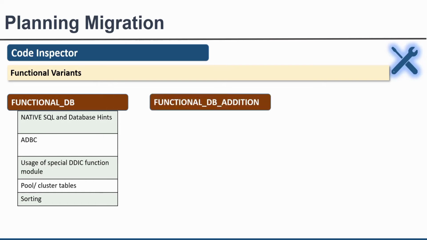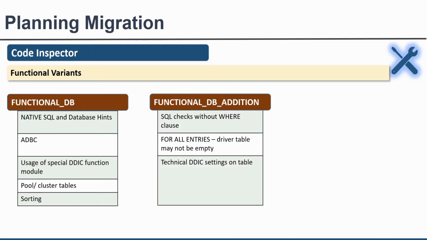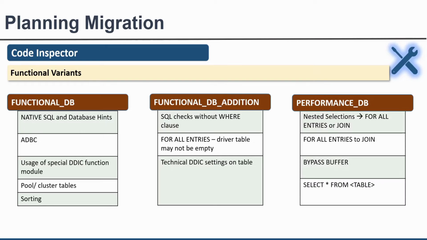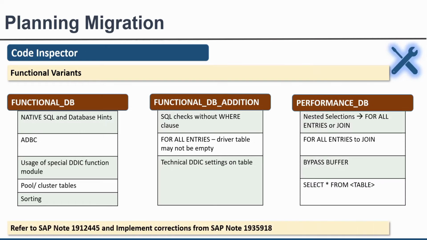Second variant is functional DB addition, which points to functional errors and statements with low performance. These are not mandatory, however recommended. Third variant is performance DB. This is for performance optimization on SQL statements. Refer to the OSS note mentioned in the screen for more details on these variants.